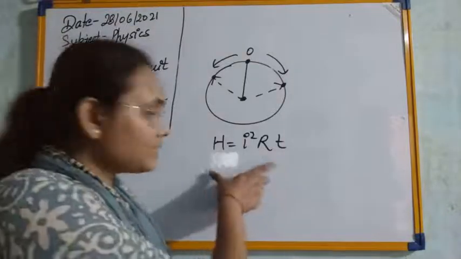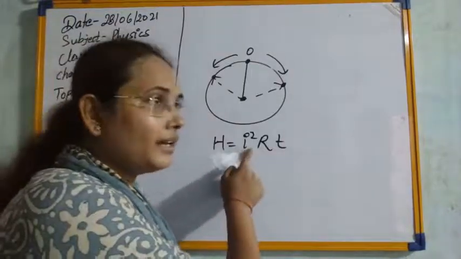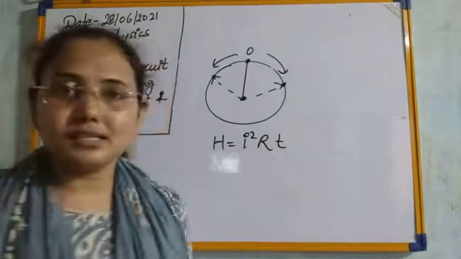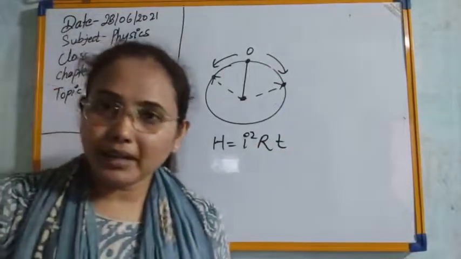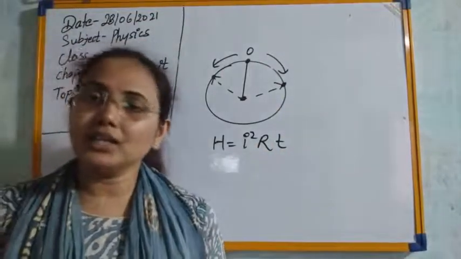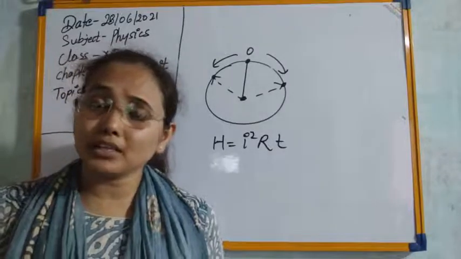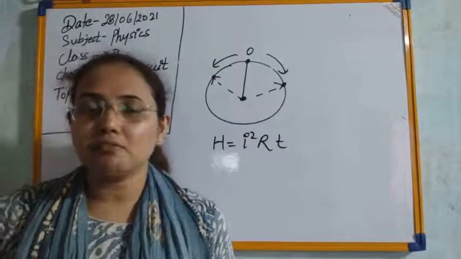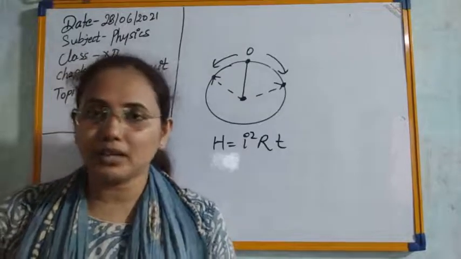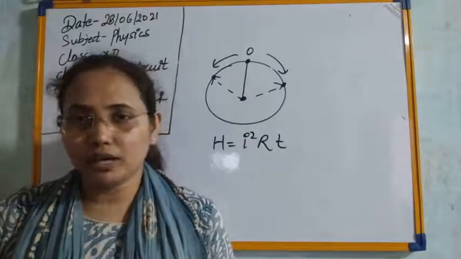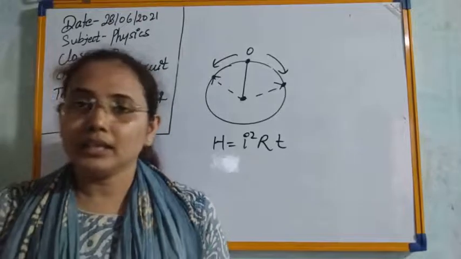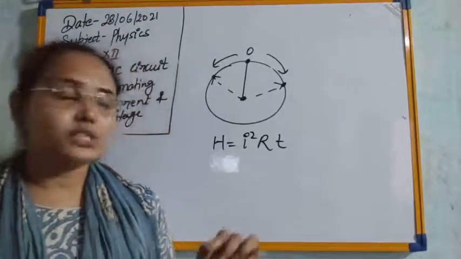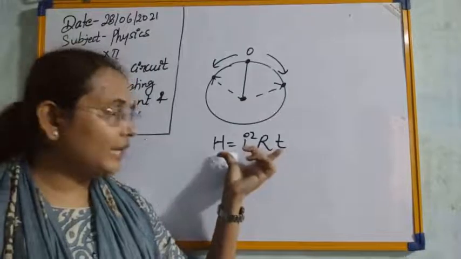This heat lost by the current due to the flow in the resistor is not dependent on the direction of the current; it only depends on the production of heat by the current. Whether it is the positive half cycle or the negative half cycle, the current will have some value and will always produce the heating effect.